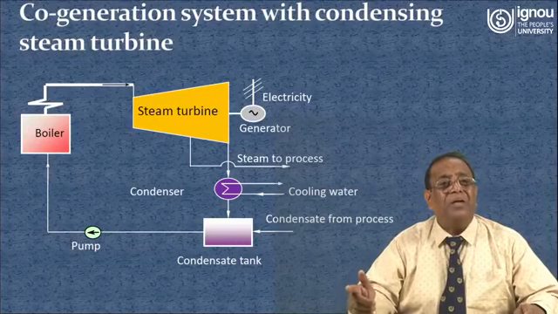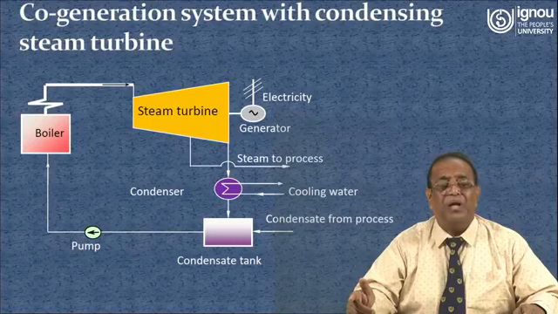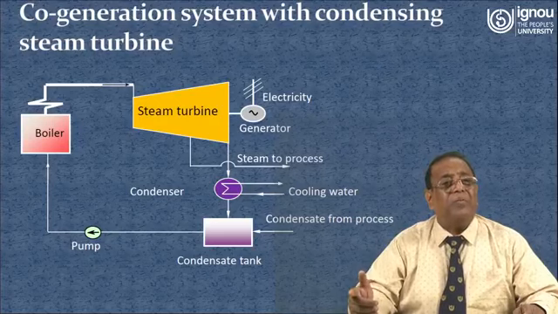But here we are discussing the cogeneration system. Now let us see how it operates. The boiler produces high pressure, high temperature steam that enters into the steam turbine.